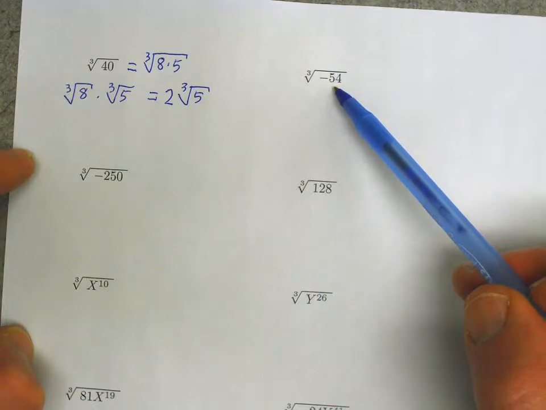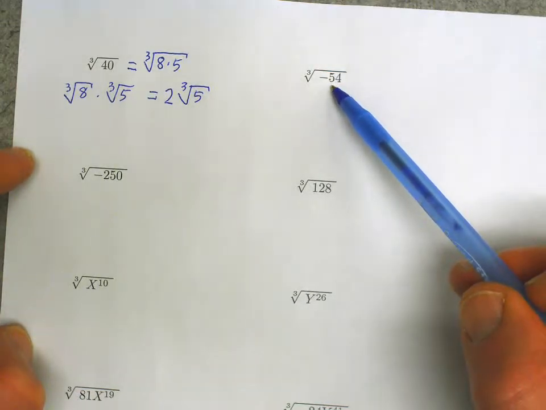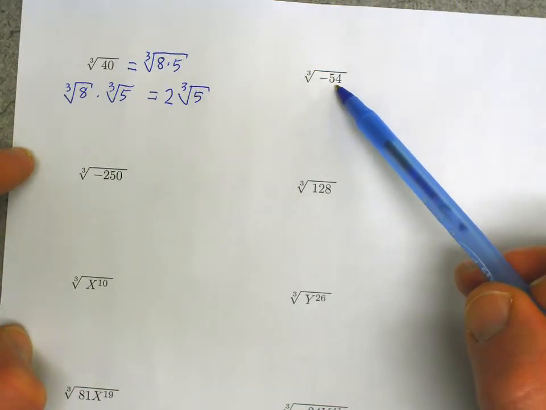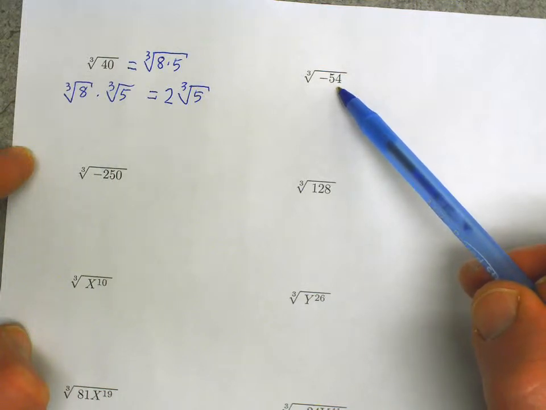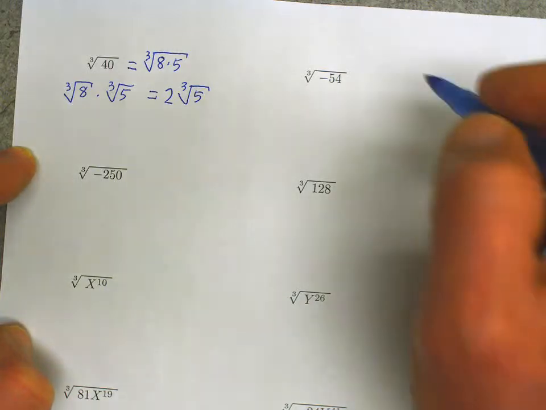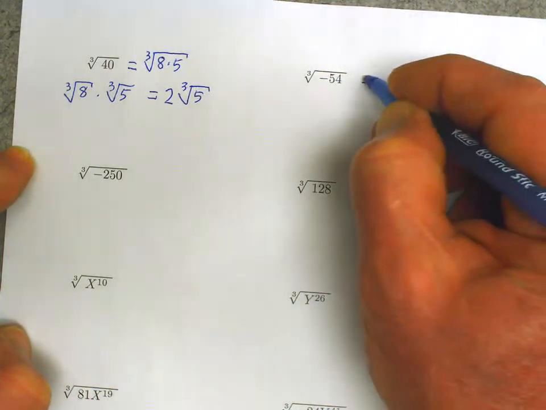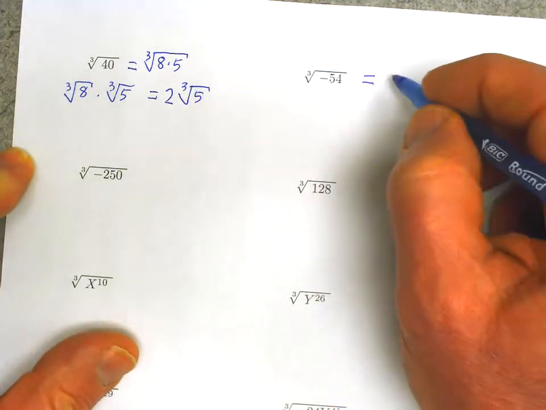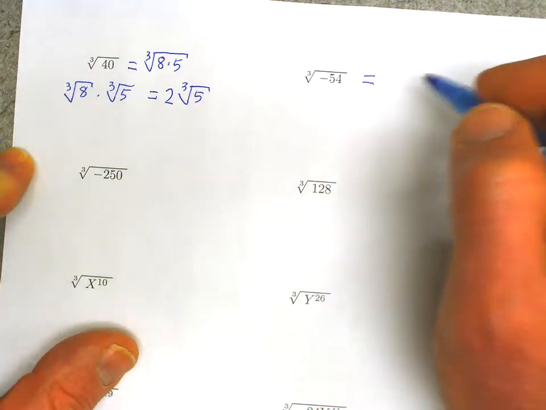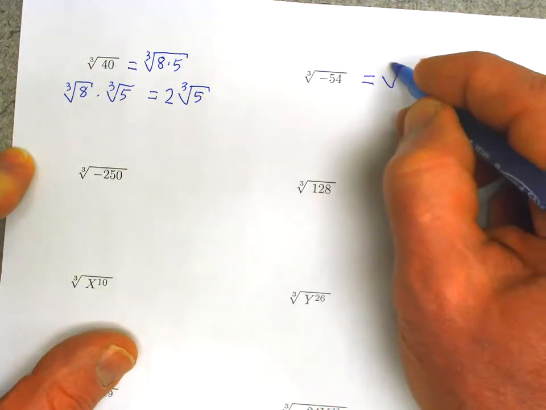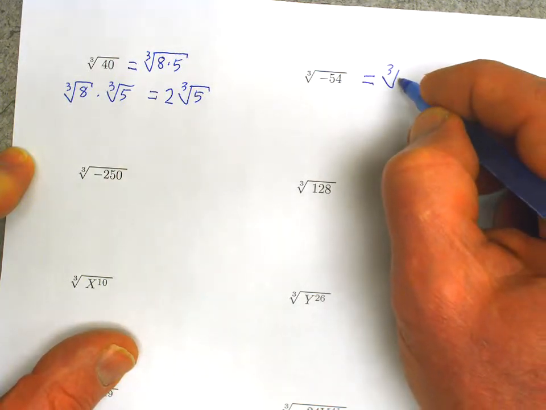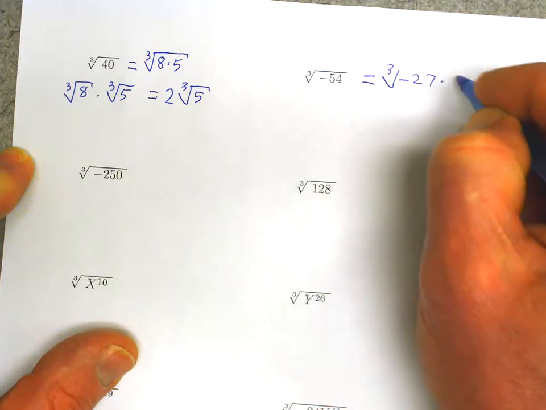Notice that a factor of negative 54 that's a perfect cube is 27. 27 times negative 2 is negative 54. But to properly simplify it, we're going to write it as the cubed root of negative 27 times 2.